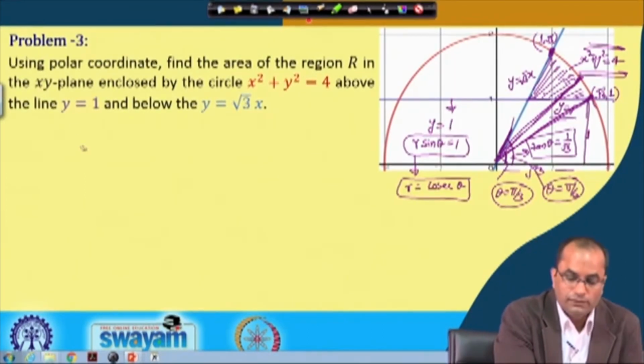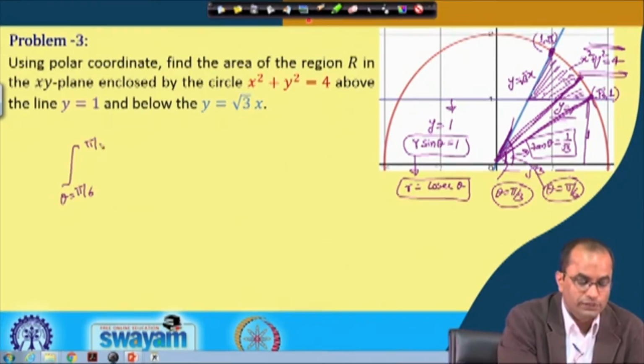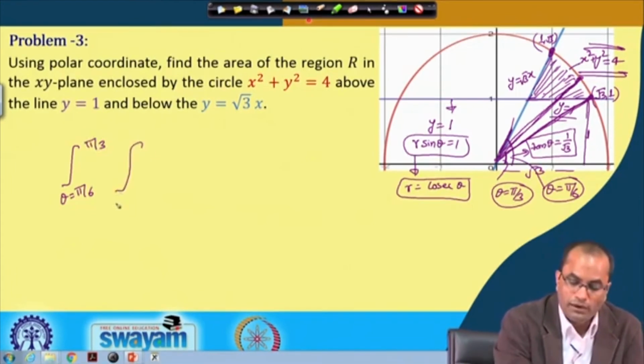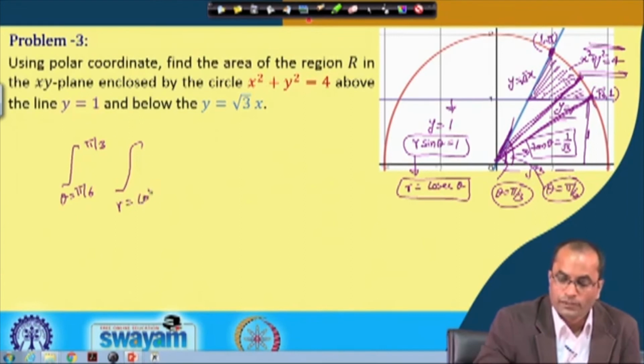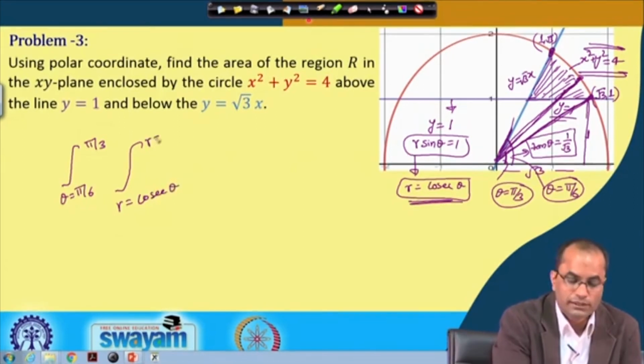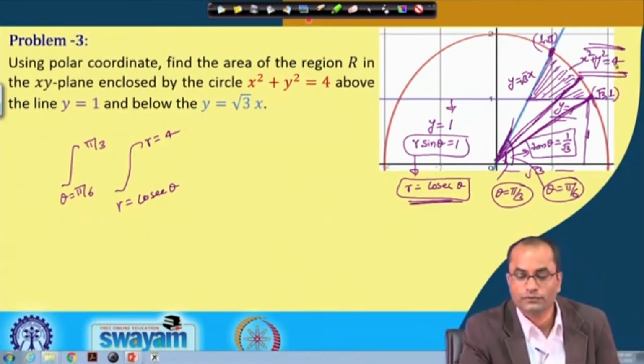So, that integral will have the limits for theta from pi by 6 to pi by 3, and for r we are going from this line, whose equation in terms of theta is cosec theta, up to r is equal to 2. So, the radius is 2.